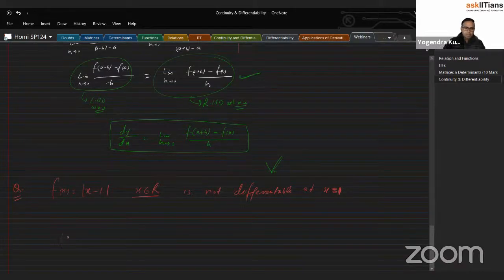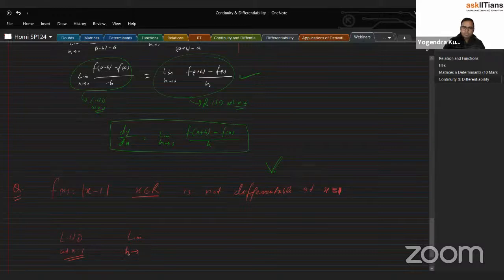So what I'll do here: let me find out LHD at x equals 1. So limit h tends to 0. What is a here now? a will be used as 1.